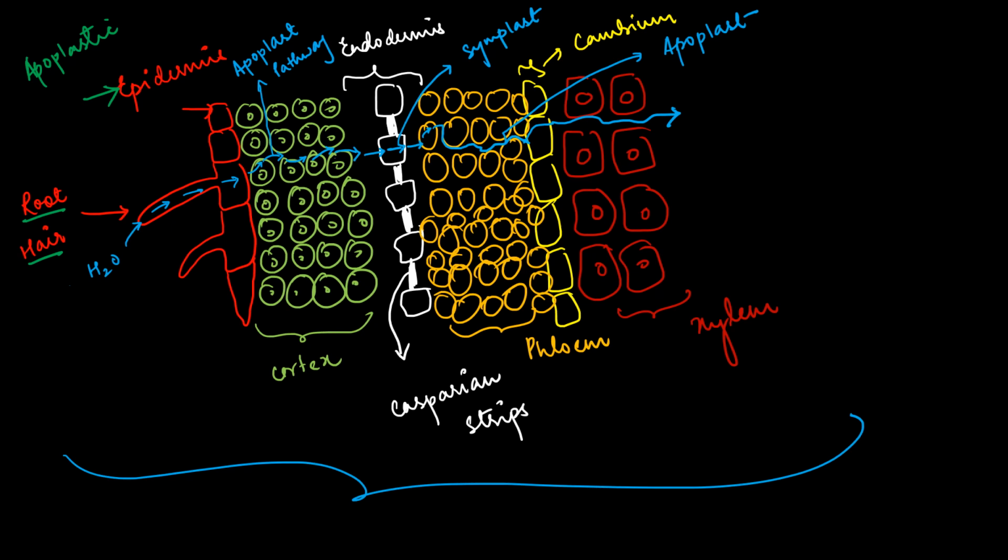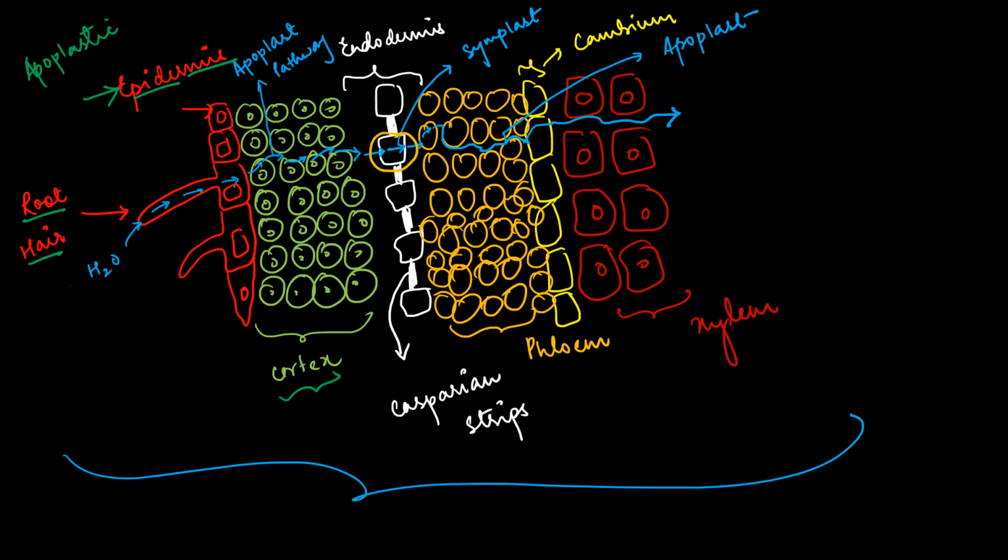Clear? So in the epidermis, what is happening? Epidermis also, water is moving apoplastic. This cortex also, water is moving apoplastic. But if you see this endodermis part, this one endodermis, it is moving inside the cell.